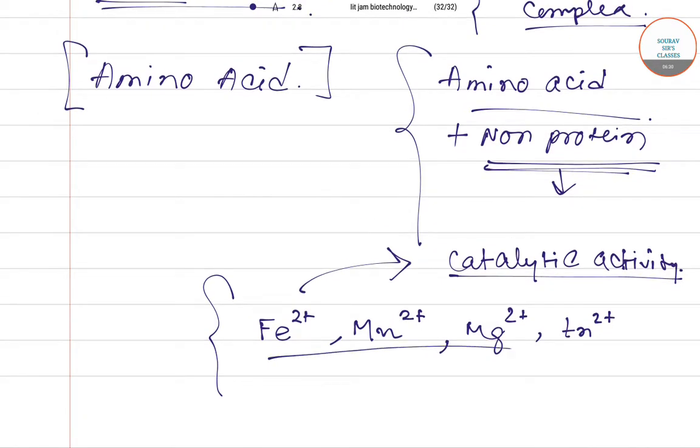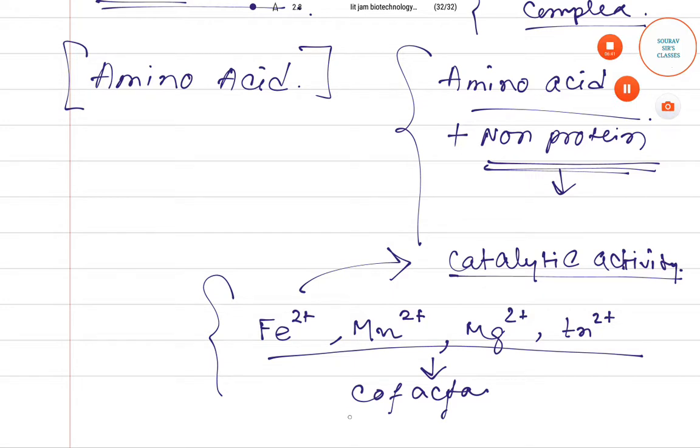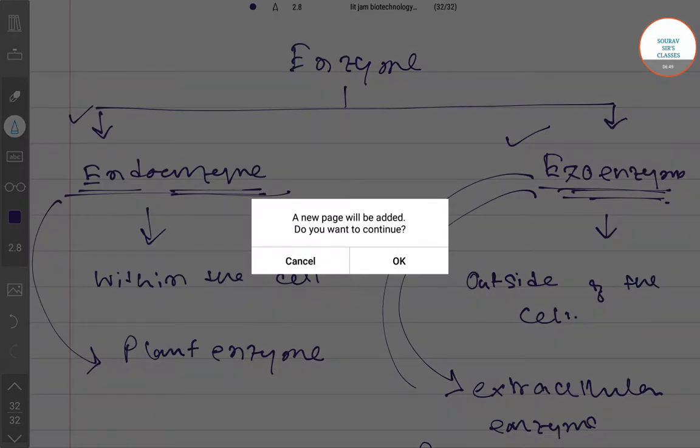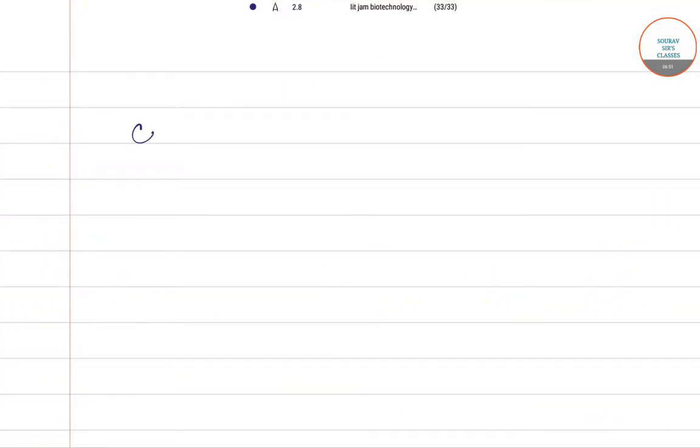And these residues we call cofactors. But if there is a complex that is organic or metalloorganic, then that is called coenzyme.